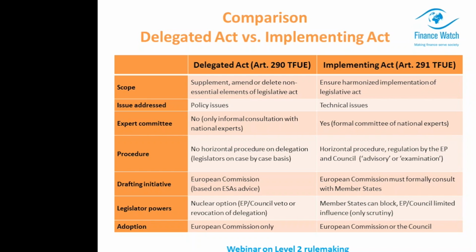They can do it by absolute majority in the case of the Parliament and by qualified majority in the case of the Council. So this is the additional scrutiny that is applied to the delegated act. While the implementing act, after adoption by the Commission, can be scrutinized by the member states, the co-legislator has very limited power to influence it.